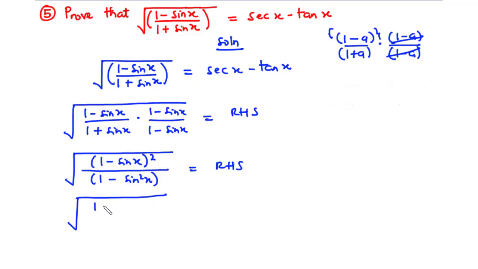Therefore, we have 1 minus sine x all square divided by cos square x. Now cos square x is the same as cos x all square. So instead of writing cos square x, we are going to write cos x all square.